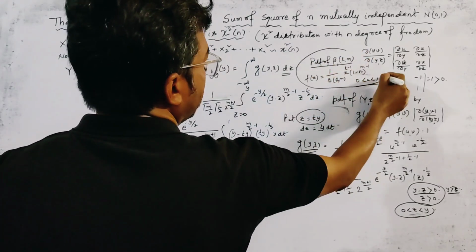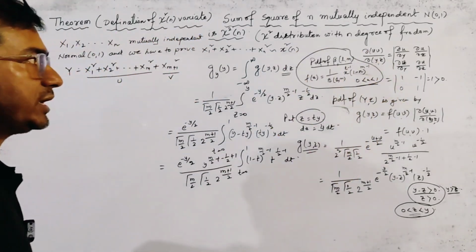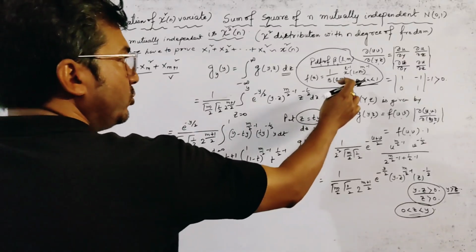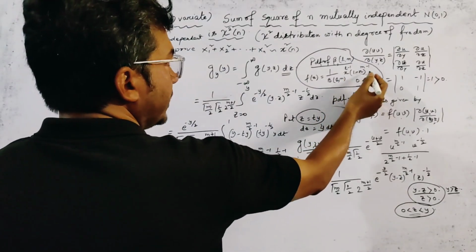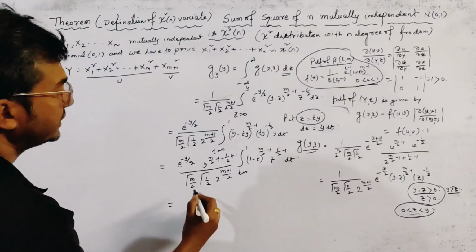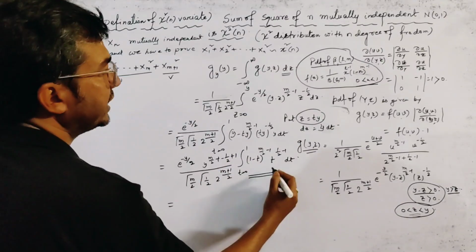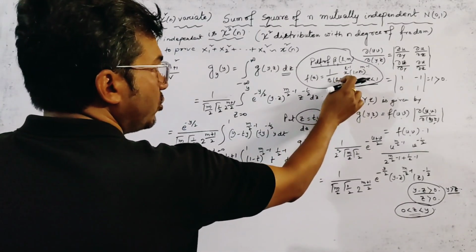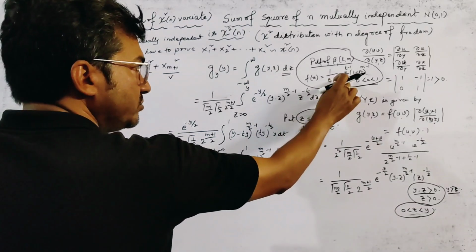So it is clear from this PDF of beta 1 L M, if we integrate from 0 to 1, this integration is 1. So we get this integration by using directly the PDF of beta, or it can also be the beta function.